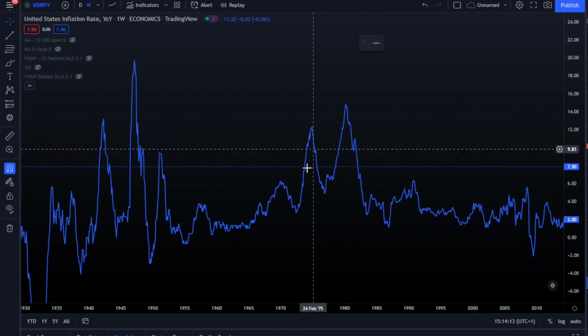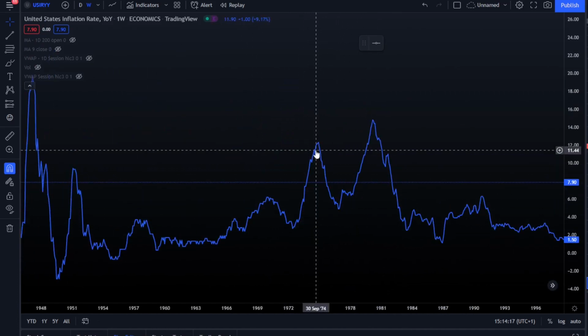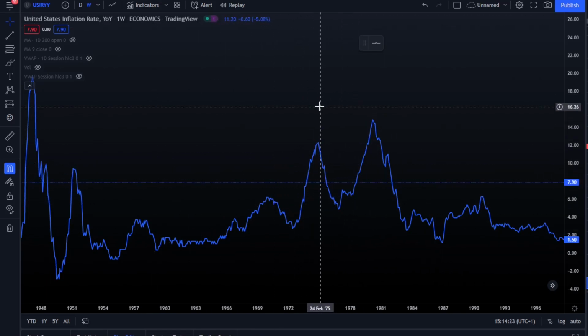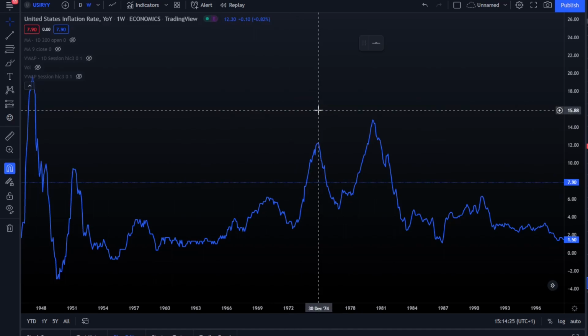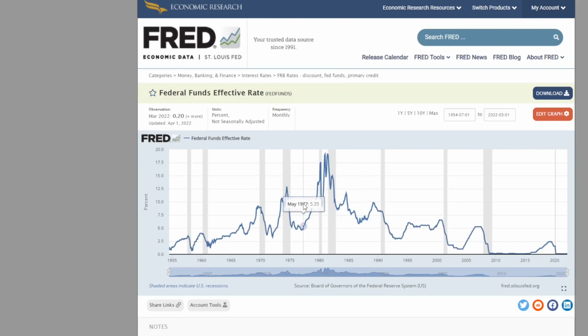And moving on very briefly then, what we want to do is examine the relationship between the inflation rate and the federal funds interest rate. So what's really interesting is if I look at this first peak in inflation in 1974, December 1974, inflation was at 12%. That was when it peaked. And if we go over to the interest rate chart for the federal funds rates, let's take a look at 1974 together.